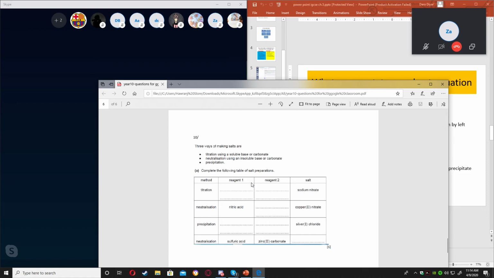Then we add them. Do you remember, guys, in the class, I showed you the titration method and how the color changed. Some of you have done it also. Do you remember when we did this in the class?